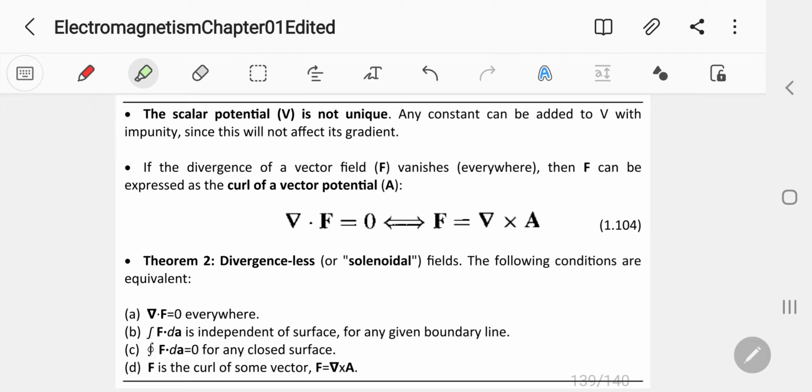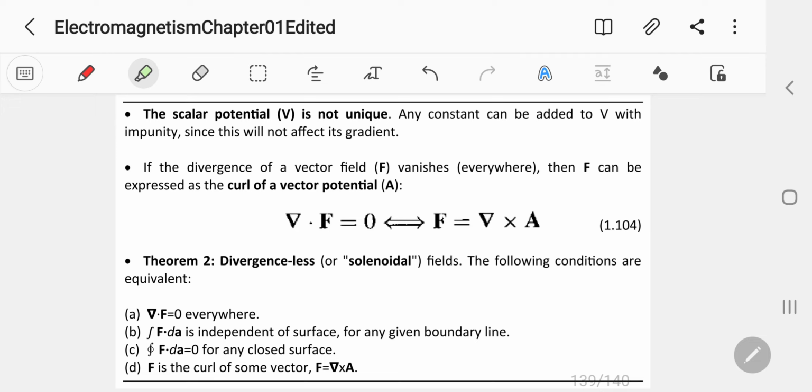So if the divergence of a vector field F vanishes everywhere, then F must be the curl of a vector, and we call this the vector potential. And so if you have a divergenceless or solenoidal field, the following conditions are equivalent.